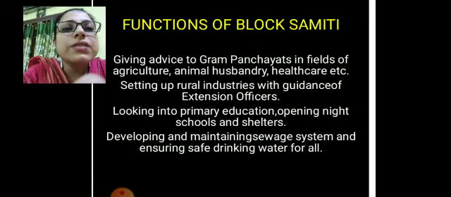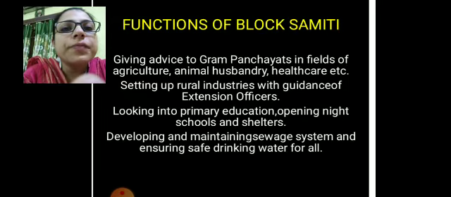Now, what are the various functions of the block samiti? The various functions of block samiti involve giving advice to the gram panchayats in the fields of agriculture, animal husbandry, healthcare, etc. Setting up rural industries with guidance of extension officers.